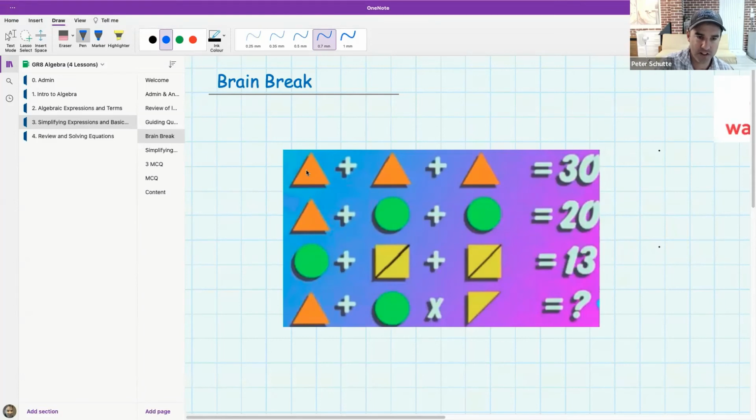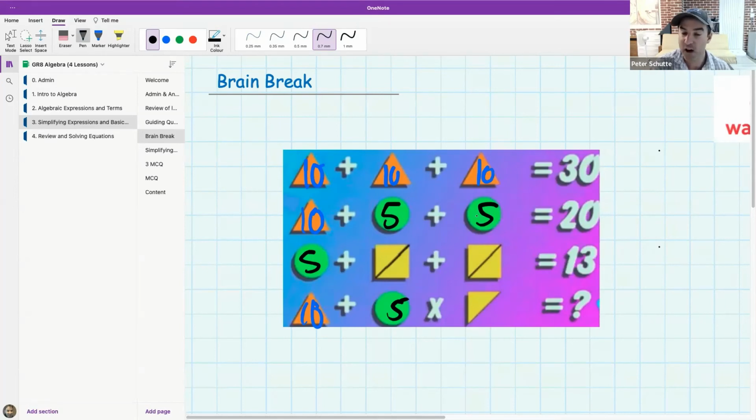I see a lot of students have put that they get 10 for the triangle, which you are absolutely correct. And then a few students have even said that a circle is 5. Notice how you're using equations, guys, because there's an expression on one side and an expression on the other side.